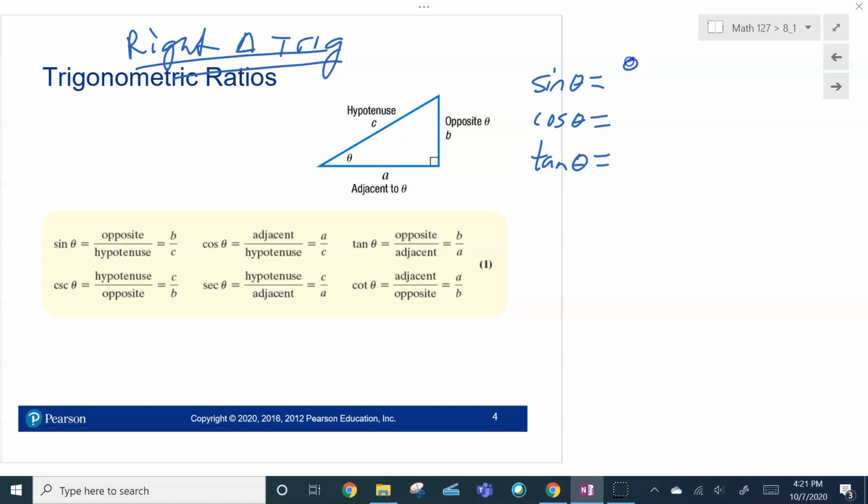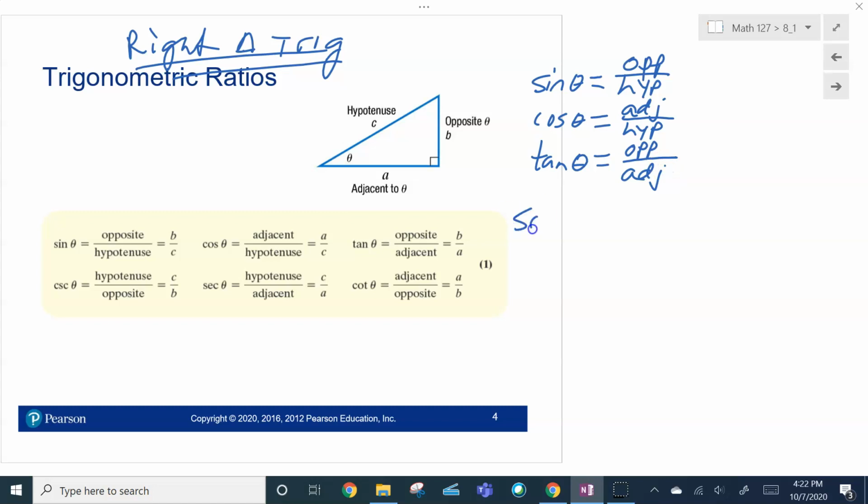I always remember, oh heck, another hour of algebra, right? Opposite, hypotenuse, another hour of algebra. That's how I remember it.